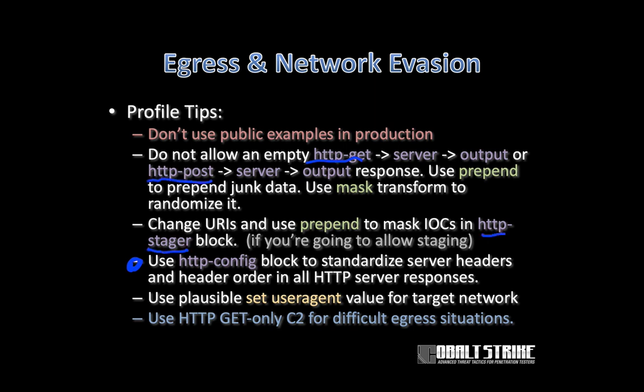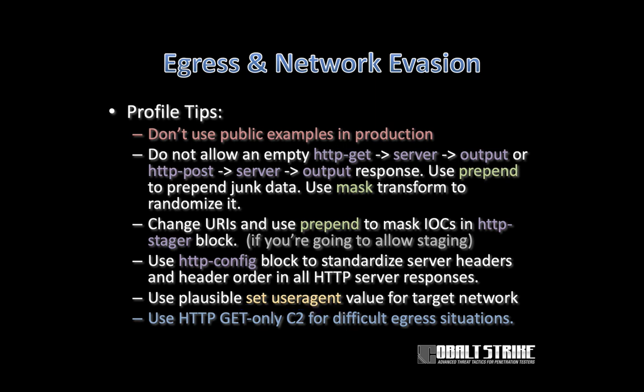So you can think of it as a time-saving measure, but I recommend you take advantage of it. Another item is you should set a plausible user agent for your target network. So if you know the default browser configuration leaving the target network, take advantage of this global user agent option and set it to make sure that your beacon stagers and the beacon payload itself are always using a plausible user agent.